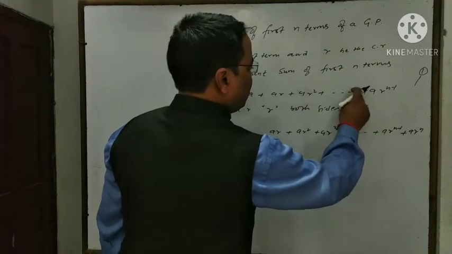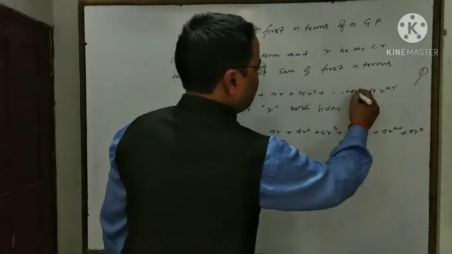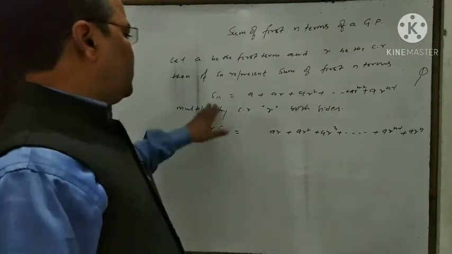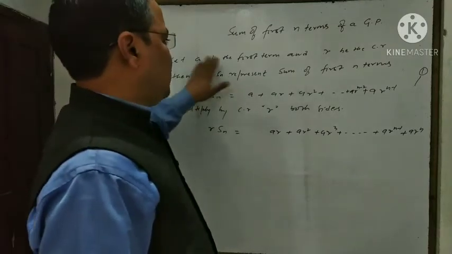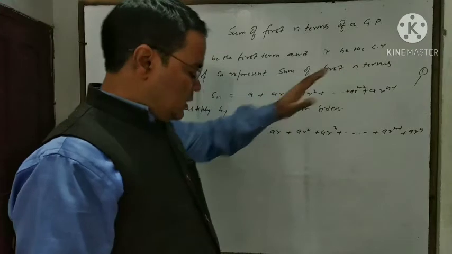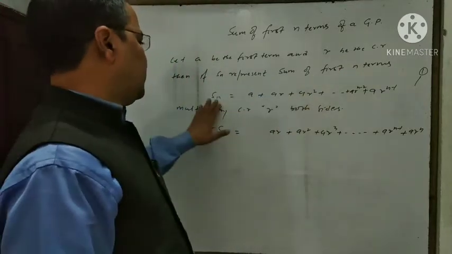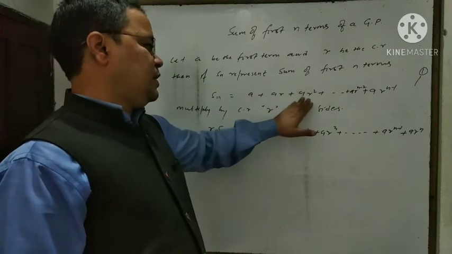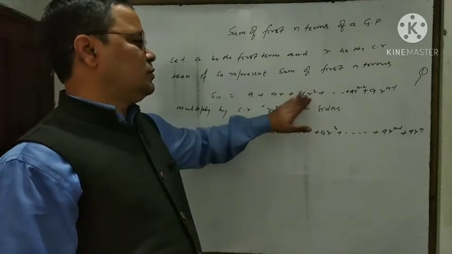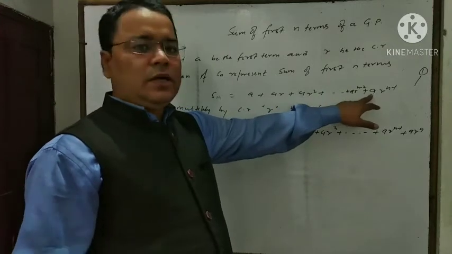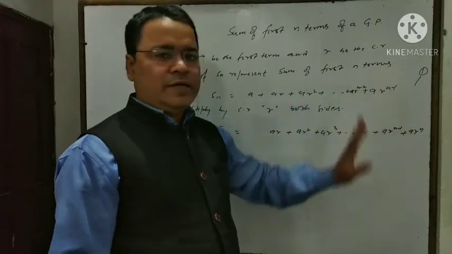Here the second last term will be ar to the power n minus 2. So Sn, if the first term is a and the common ratio is r, and Sn represents the sum of the first n terms, then Sn is equal to a plus ar plus ar square, first term, second term, third term, and the second last term will be ar to the power n minus 2 and the last term will be ar to the power n minus 1.